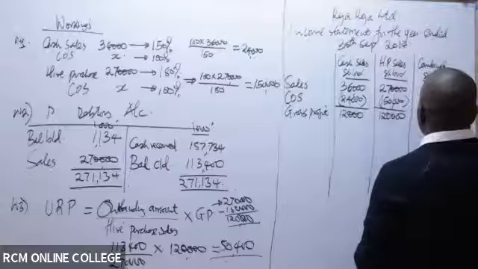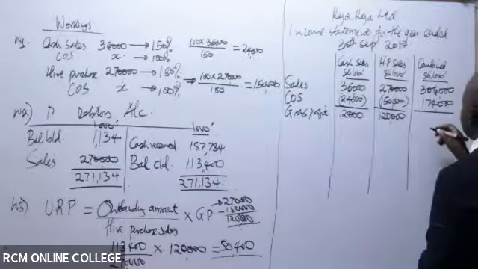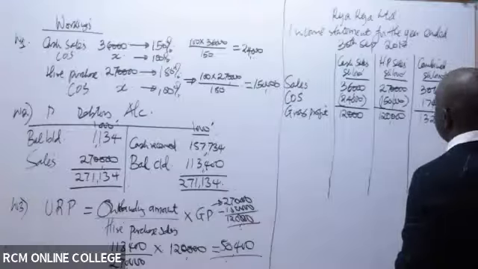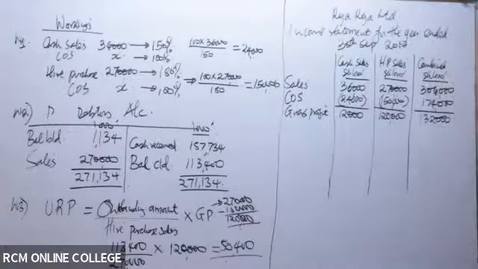This one is 174,000. Then this one is 132,000. So that will be the gross profit for the two.